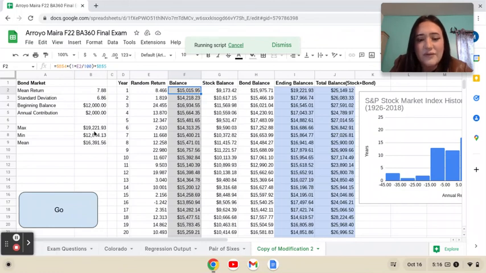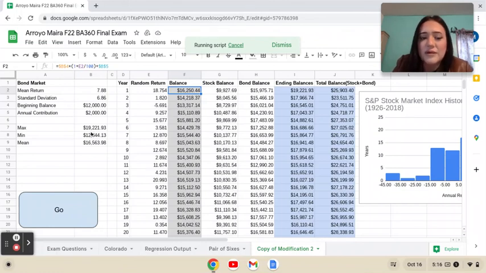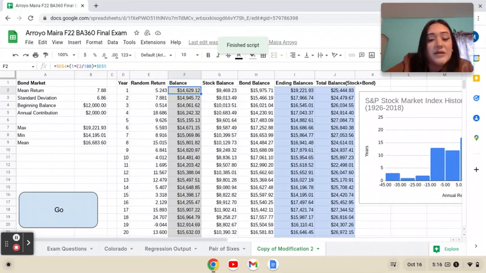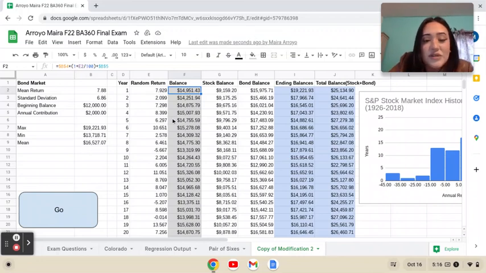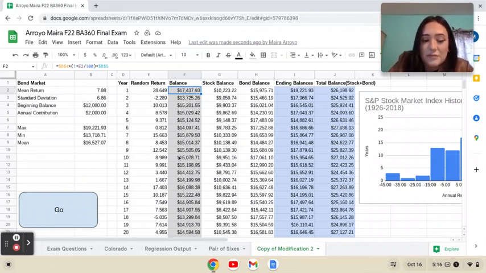I don't know if my equation was wrong, but my max would not get to 1.2 million. So I honestly couldn't get to that. I don't know if it wasn't possible with the simulation or the stock market or what was happening, but I did not get the 1.2 million.